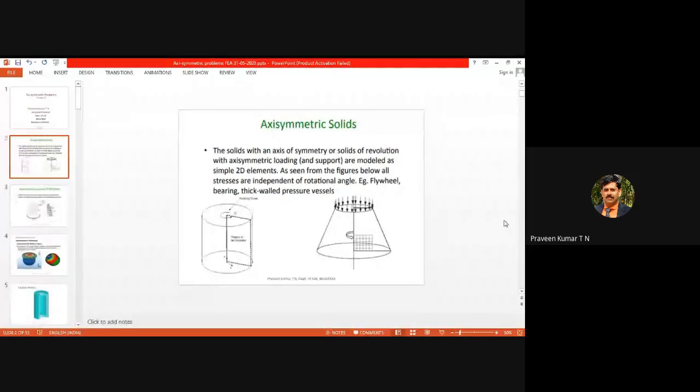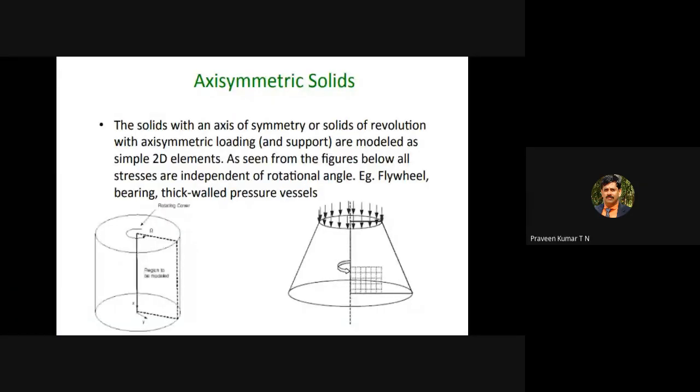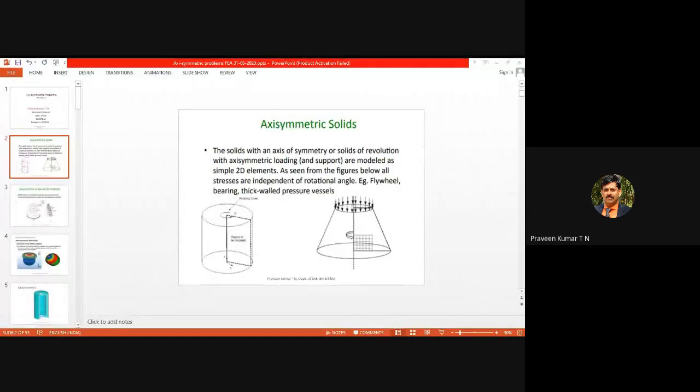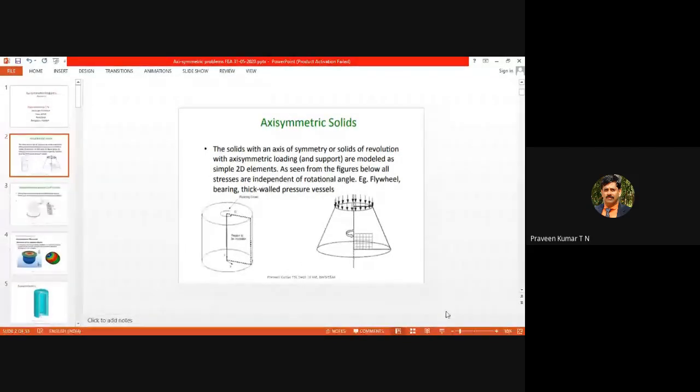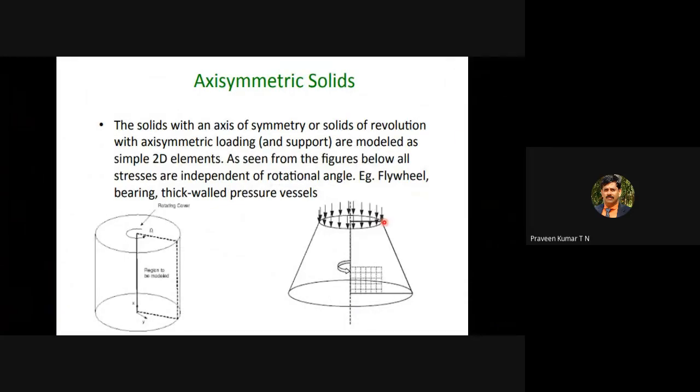So I'll give a brief introduction to the axisymmetric problem that we already discussed yesterday. When you say axis symmetry, there are three important aspects you have to remember.